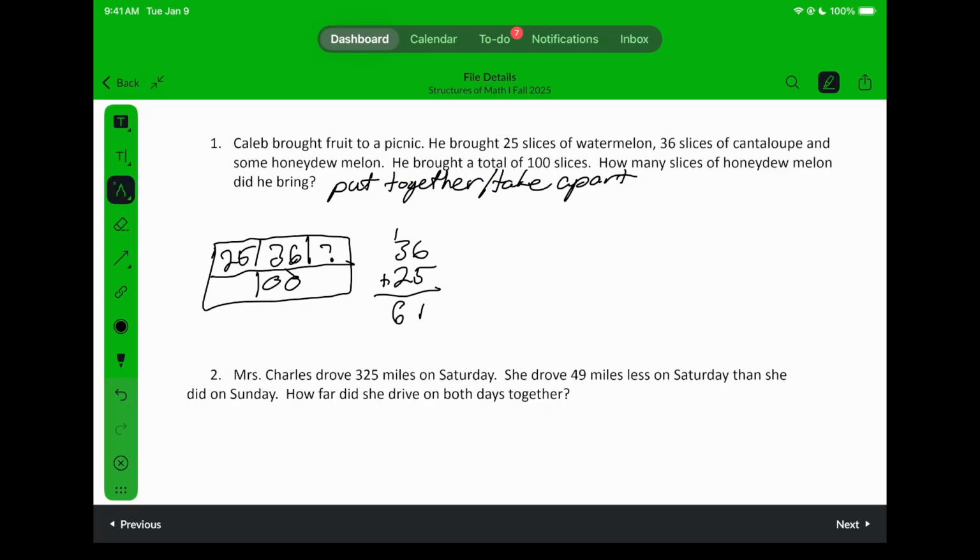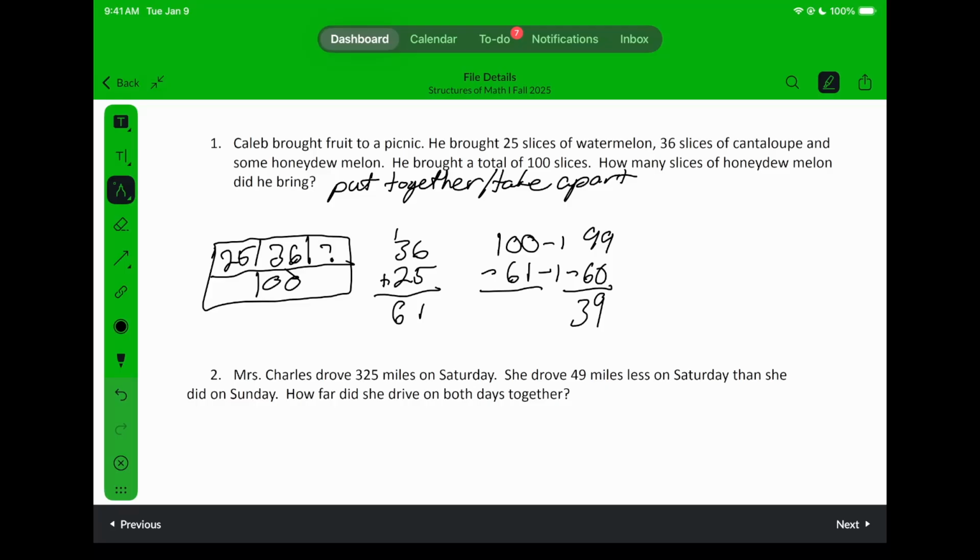From here, we have 100 minus 61. Or with the power of compensation, we have 99 minus 60, which is 39.